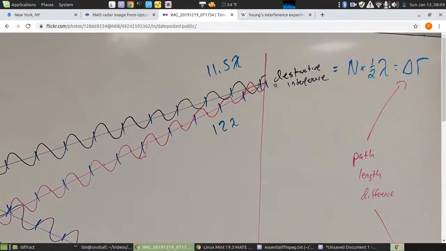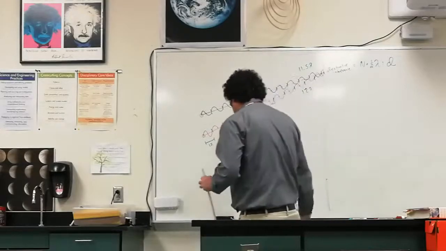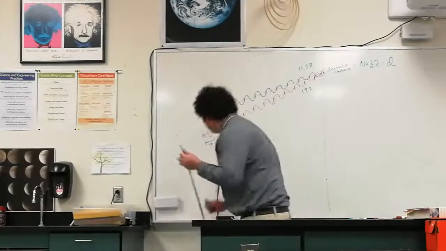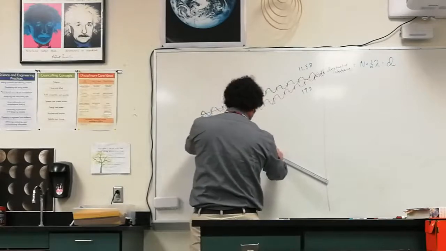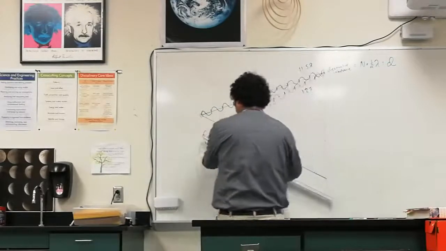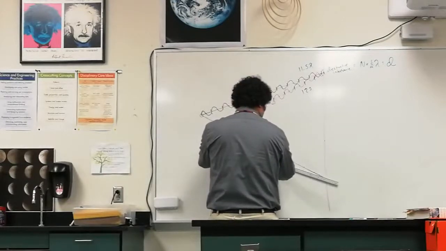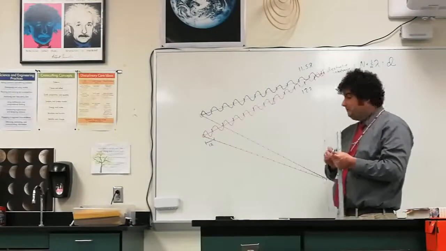Let's look at one that leads to constructive interference now. So we'll start the same way. We'll draw a line connecting this point to each foot. Now the right one. All right, so let's check these waves.